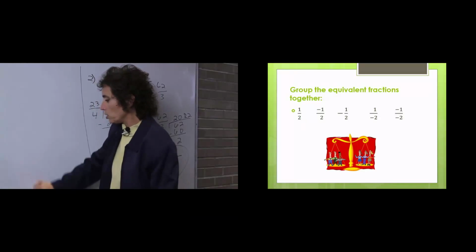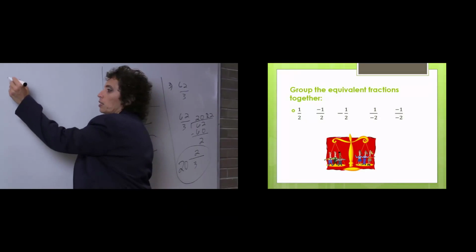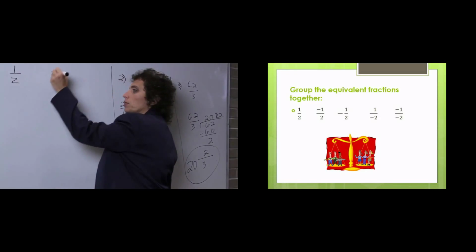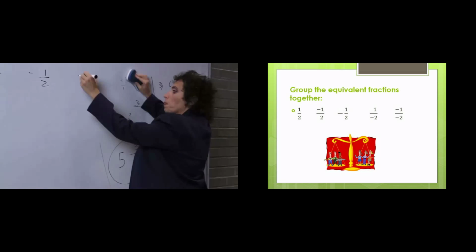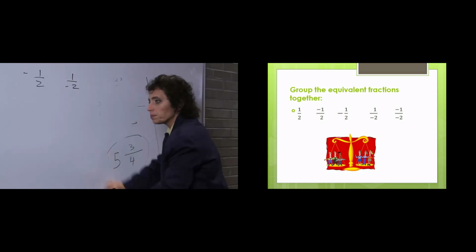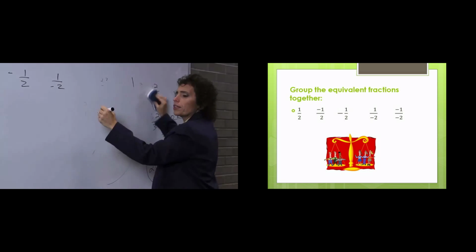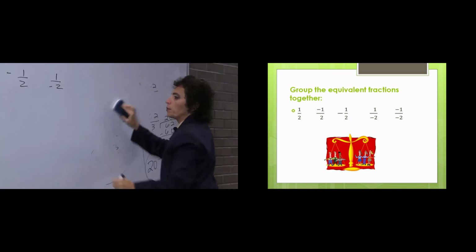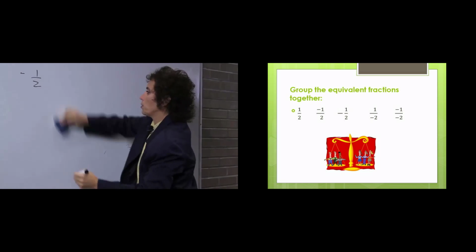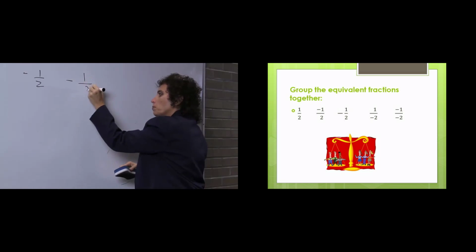So let's take a look at this fraction, this fraction, this fraction. I think I skipped one, but I'll put it here. Let me put it in the same order you have it in. This fraction.